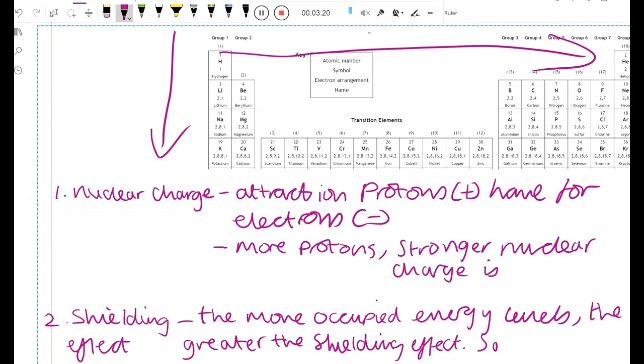So your electrons, which I'm going to abbreviate to e minus, are less strongly, let's just say less attracted to the nucleus.